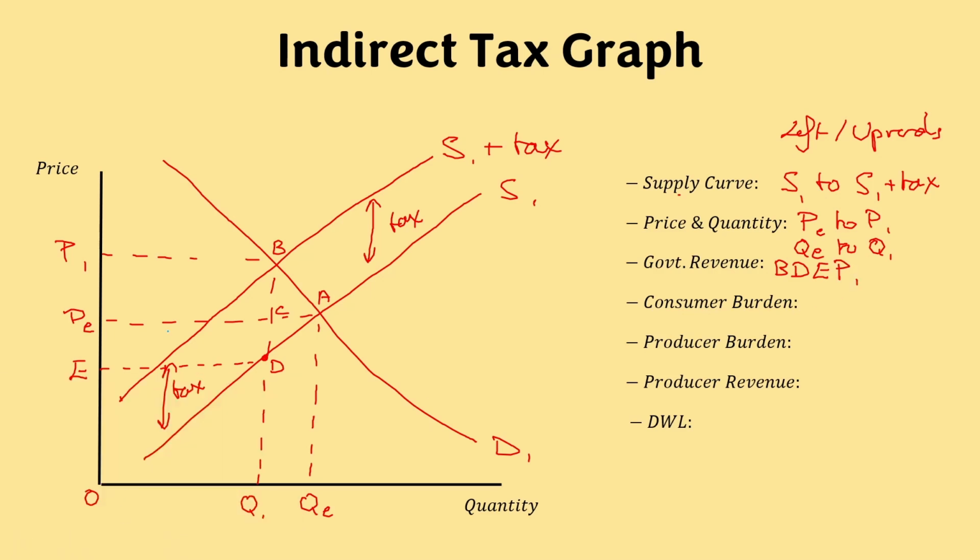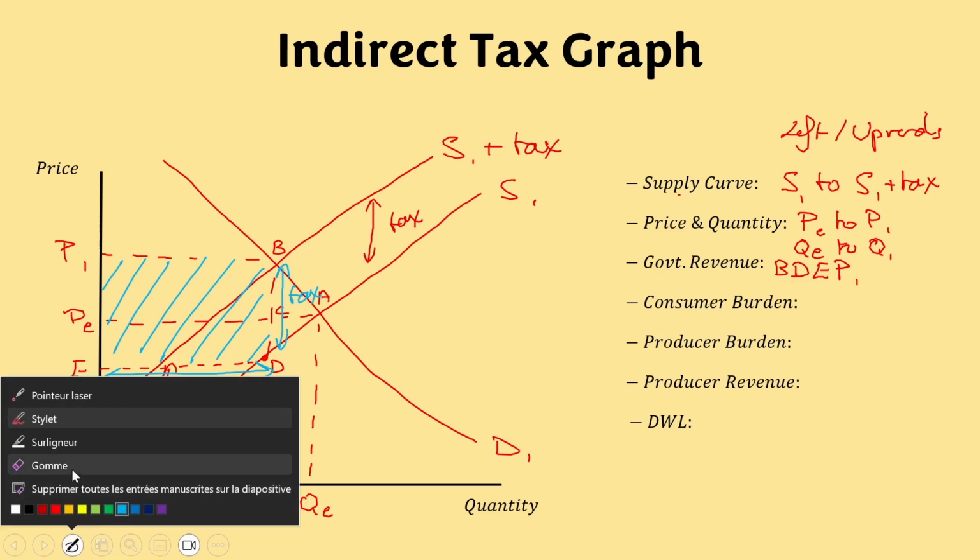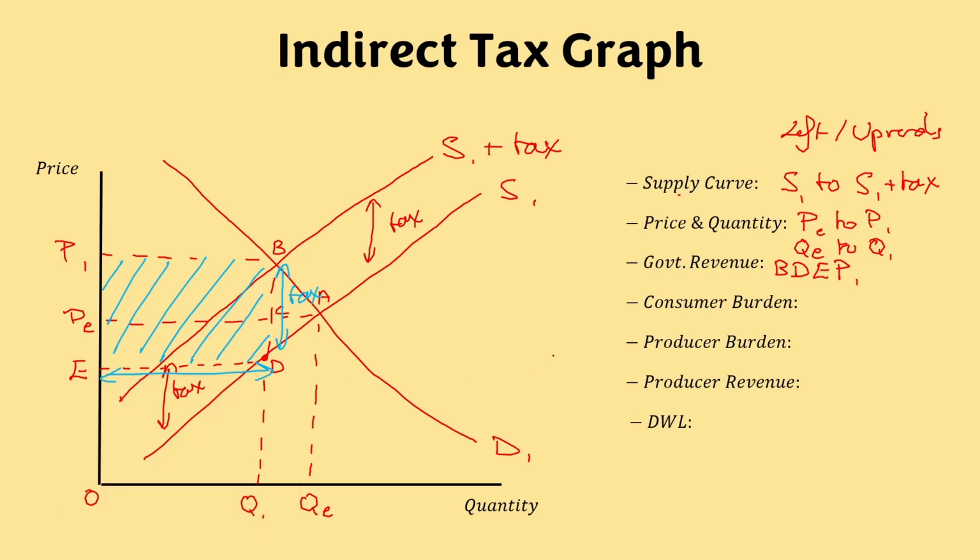And I'll just show you this to make it even clearer. This is the government revenue. So the amount of the tax, this vertical distance between the curves, times the quantity of goods, that gives you the area for this rectangle.